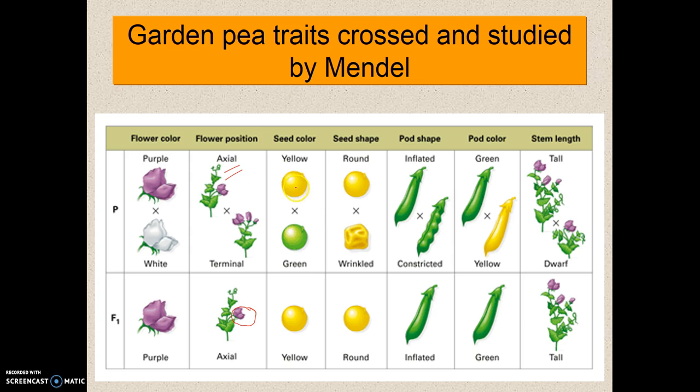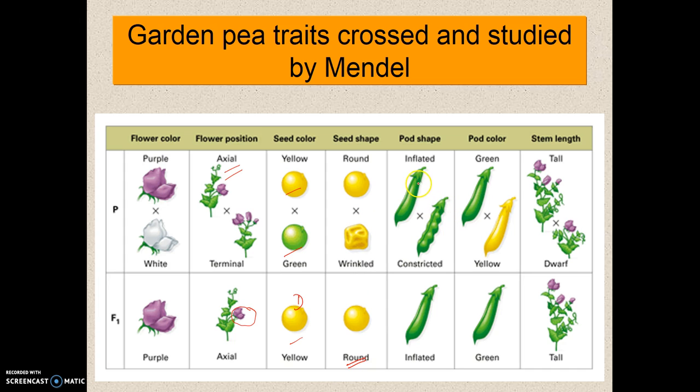So he crossed pea plants with yellow seeds and green seeds. F1 generation all had yellow seeds. Of course, that means yellow is the dominant. He also crossed pea plants with round seed shape and wrinkled seed shape. And what he found? F1 generation all round, therefore round is dominant.